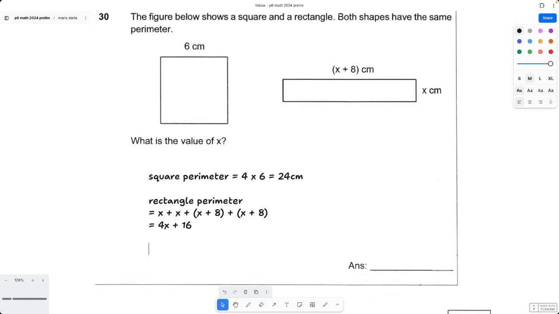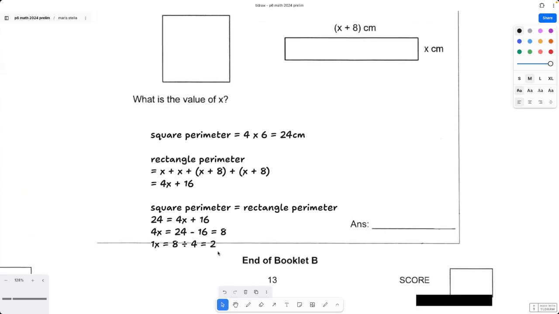So since the square perimeter is the same as the rectangle perimeter, that means 24 is equal to 4x plus 16. So 4x is equal to 24 minus 16, which is 8. So x is equal to 8 divided by 4, which is equal to 2 centimeters. Or just 2. There we go. That's the answer.